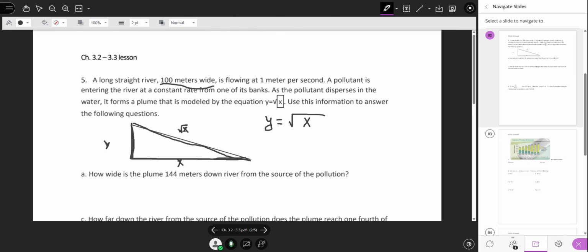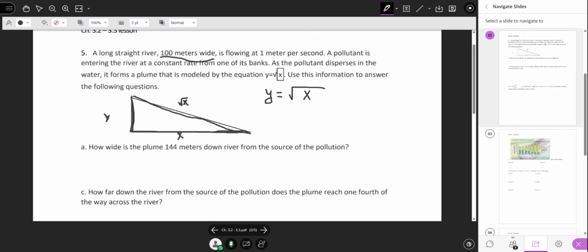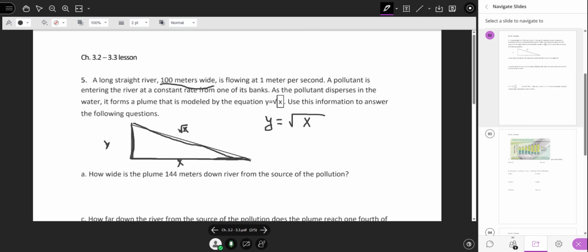All right, so how wide is the plume 144 meters downriver from the source of the pollution? This would be your input, and you would use that for your x value, because when you're working in equations, x is your input that you plug in, then you use the order of operations and calculate. y is the output.